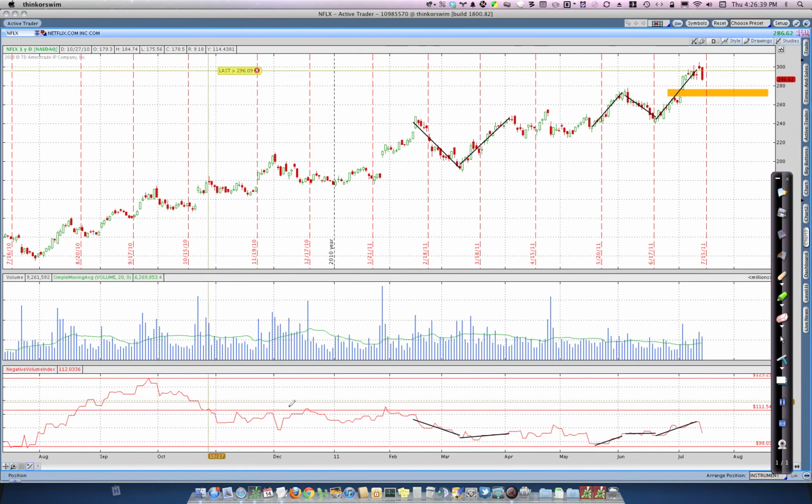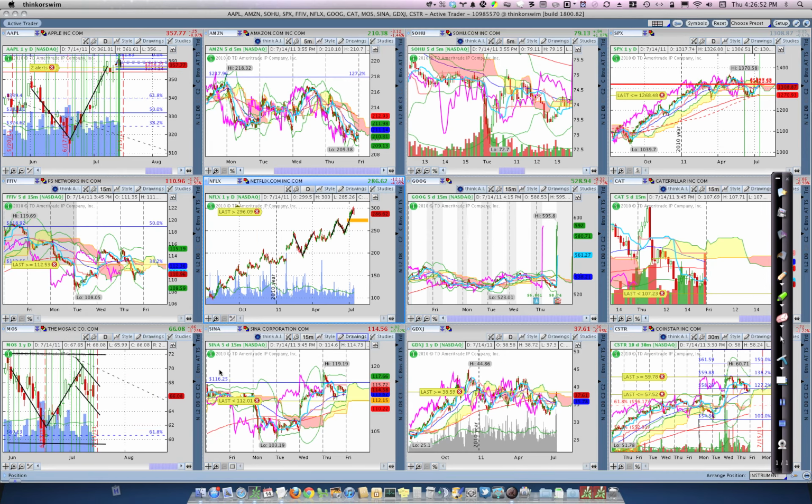So could it be because we haven't seen strength in the negative volume index, or people buying the stock, accumulating the stock on low volume days?